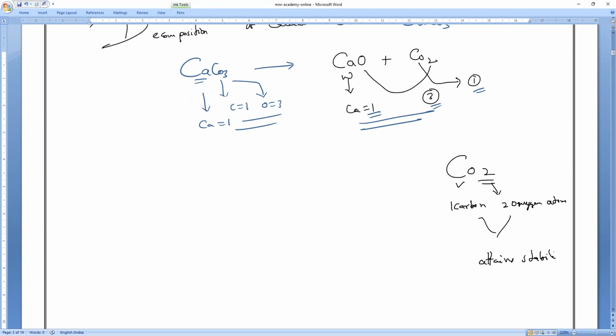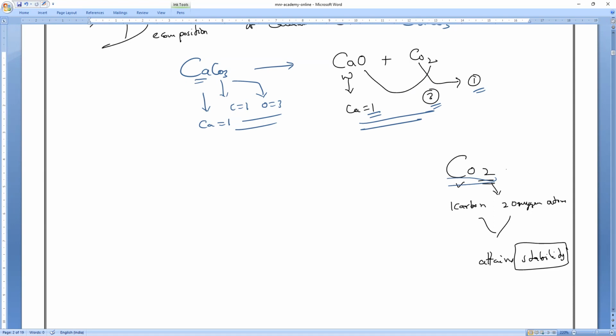To attain stability. Atoms cannot exist independently, so they always need a pair. If they want to attain stability, they have to be together with something, based on availability and the reaction.